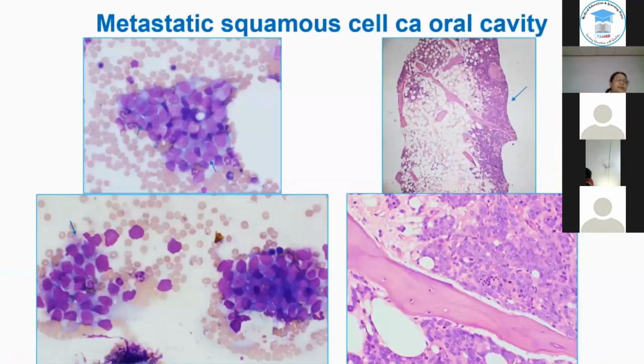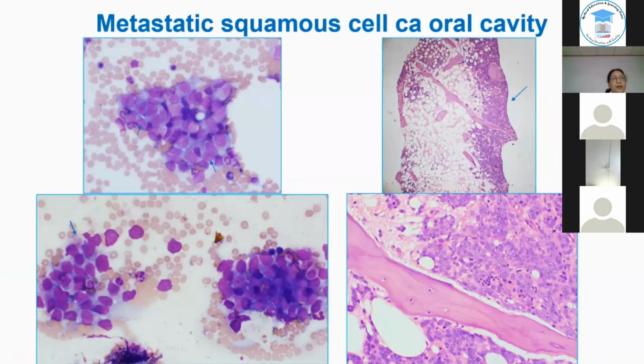Then coming to the metastatic squamous cell carcinoma, generally these squamous cell carcinomas do not metastasize into the bone marrow, but this was a case from a 70-year-old male who had squamous cell carcinoma. Then he was treated and later developed pancytopenia.